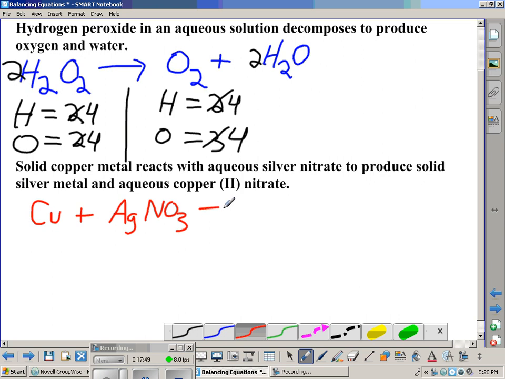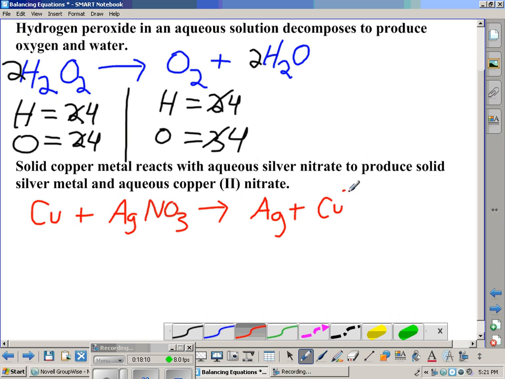Now we're going to the other side of the equation. Silver metal, just silver all by itself, Ag, and an aqueous copper 2 nitrate. So Cu, I'm going to put the charge in there because they tell us it's 2.